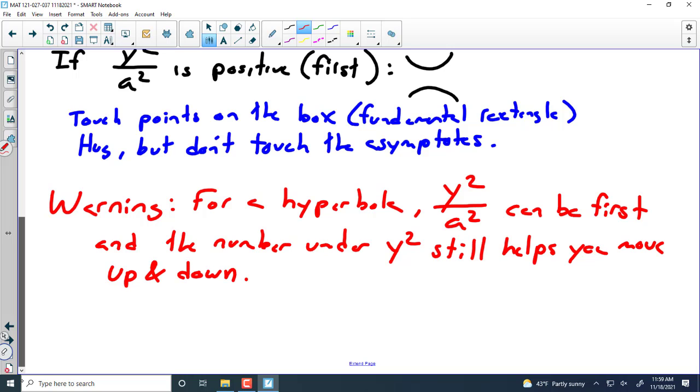Everyone, this is very, very sneaky. With an ellipse, we always wrote x squared first. With a circle, we always wrote x squared first, because there was a plus sign and it didn't matter which one you wrote first. With a hyperbola, sometimes y squared comes first. And if y squared comes first, you're still using the number under y squared to know how much you should move up and down. So I'll help you with that right now.